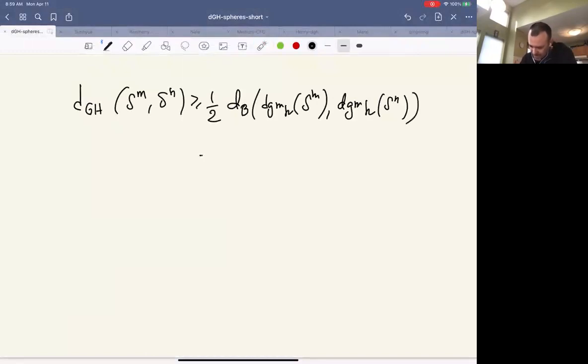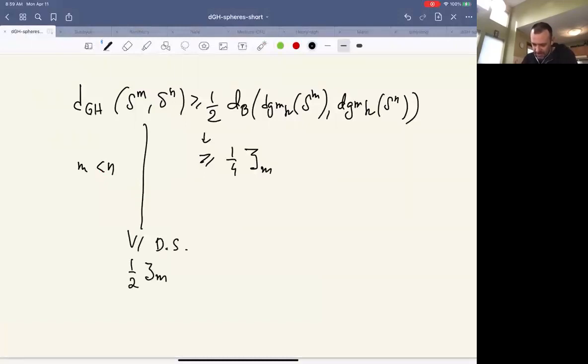And this one turns out to be 1/4 of zeta m, which is not so good because I can directly prove the 1/2 by Dubins and Schwarz. And here there's a calculation that has to be done.